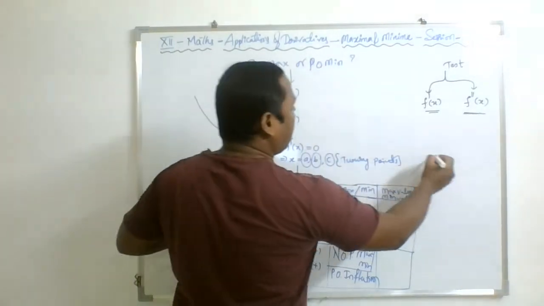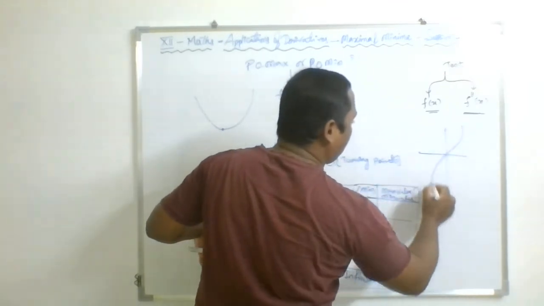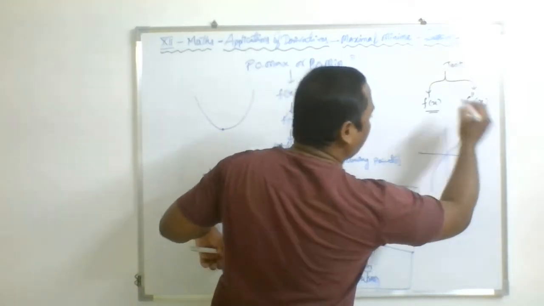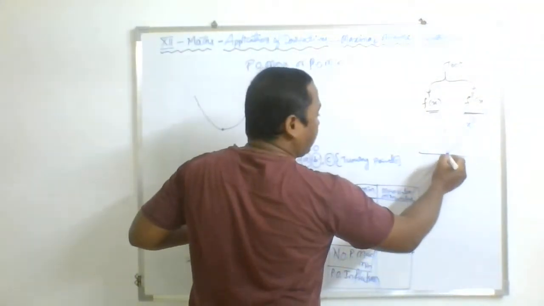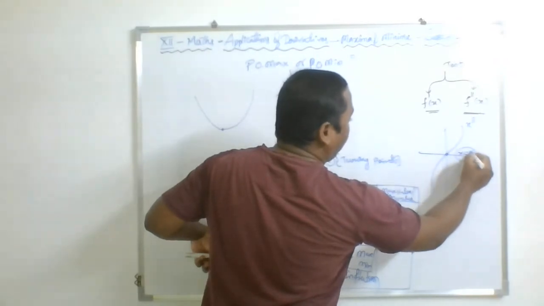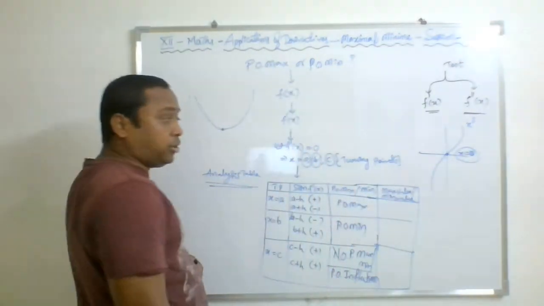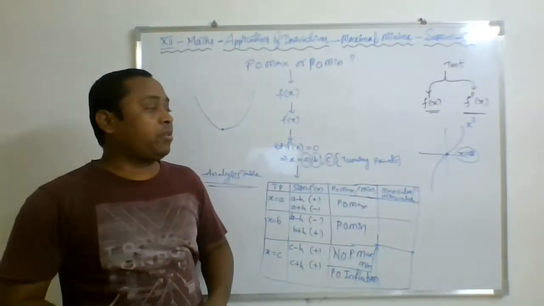You can see this type of nature when you are drawing a cubic function. If you observe, x is equal to 0 is the turning point of the graph, we can assume, because when you take the derivative of the function, that will be the turning point.